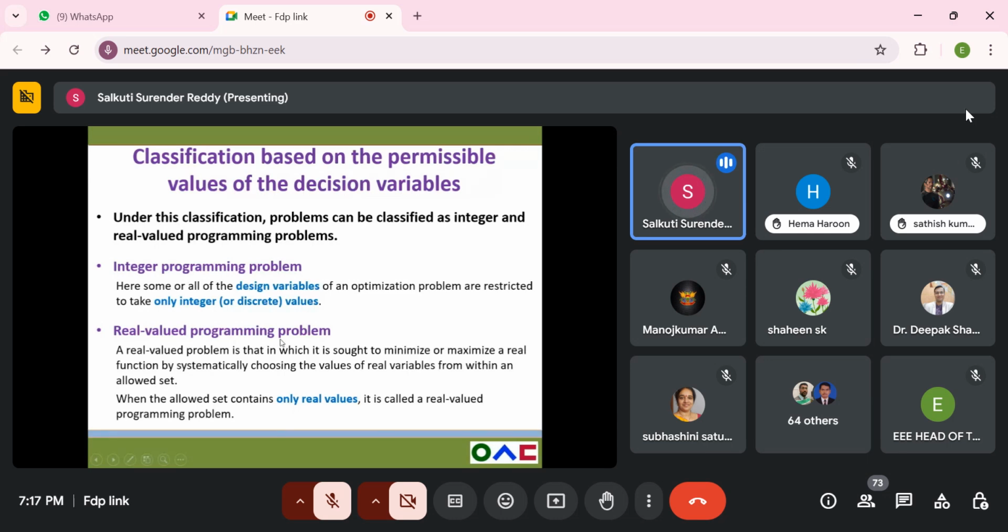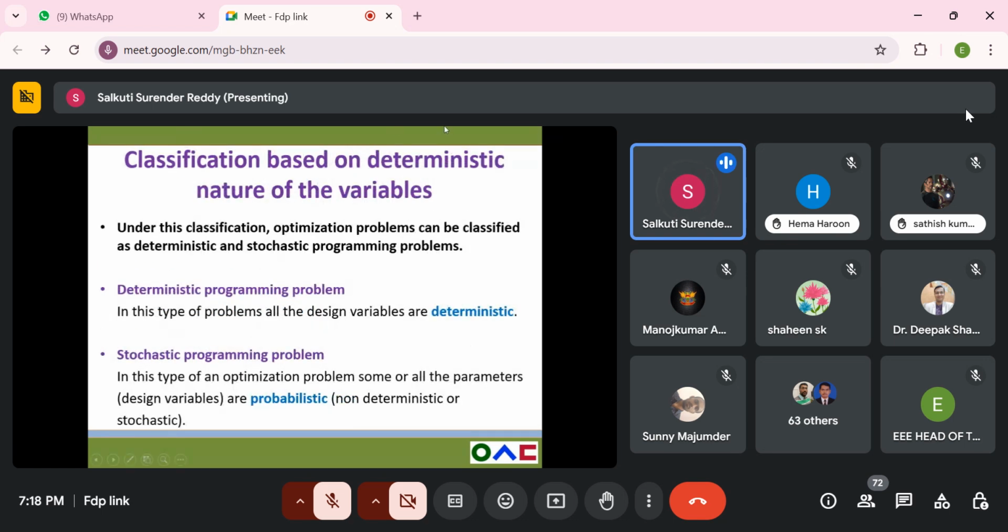So based on the nature of your variable, you can choose the type of objective function or program.